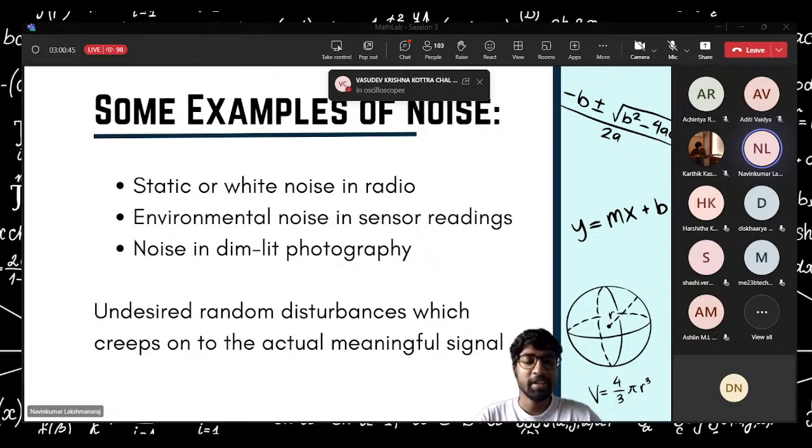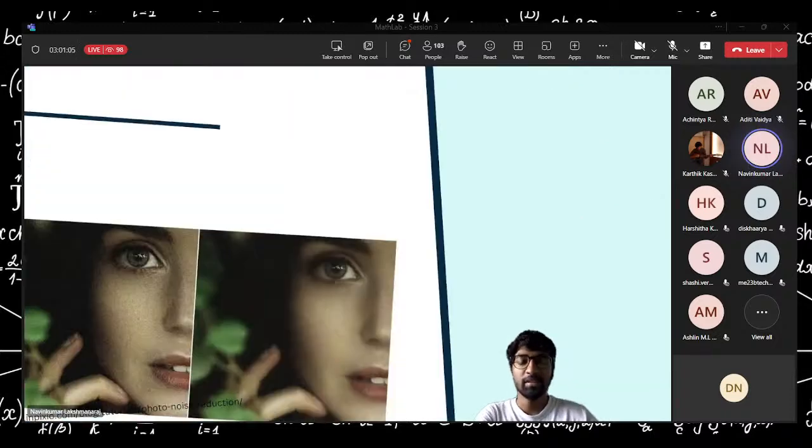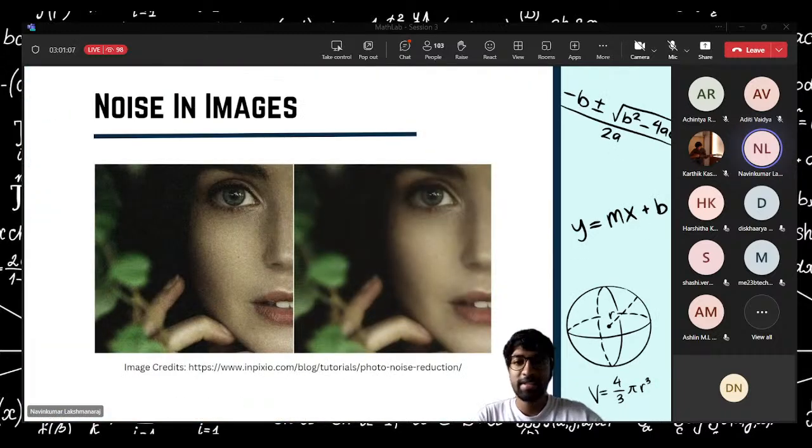So that is due to the thermal agitation of the atoms in the sensor of your camera, and that also contributes to noise. So in essence, noise is any unwanted random disturbance to the actual signal that contains meaningful data, but has been corrupted by this disturbance. I hope that's clear.